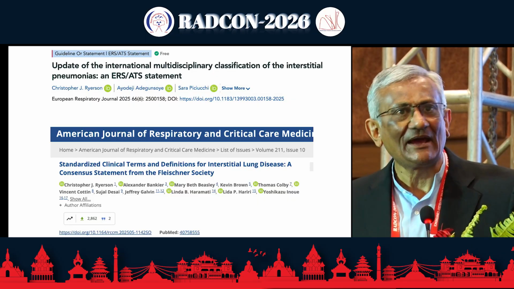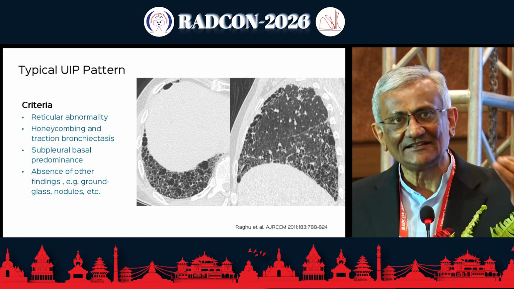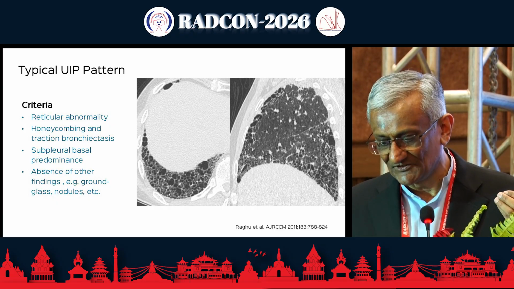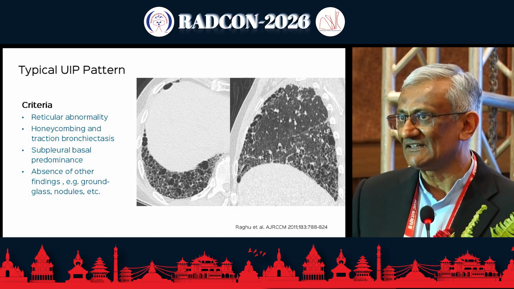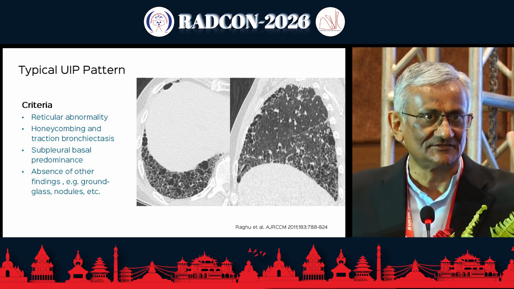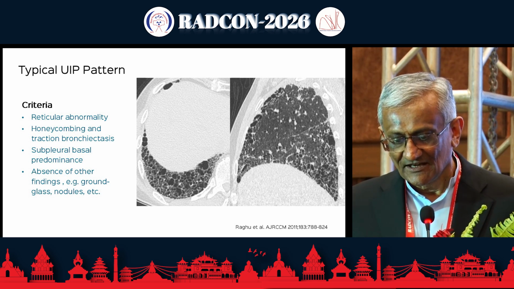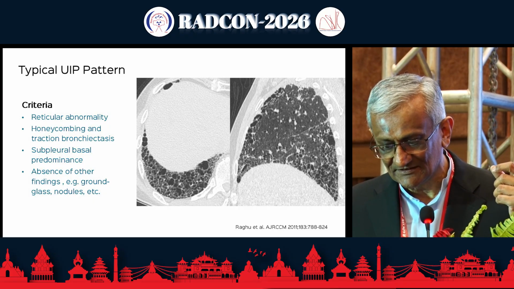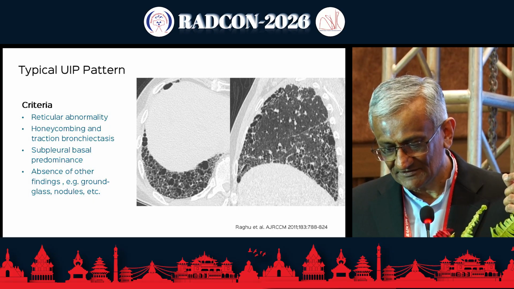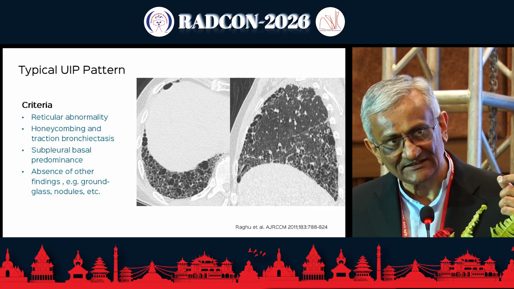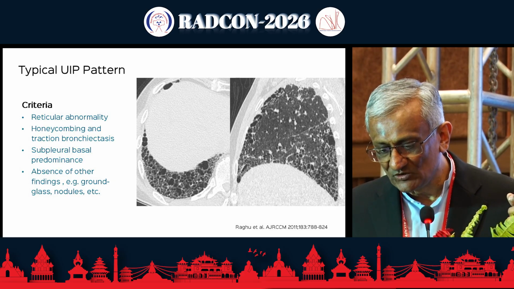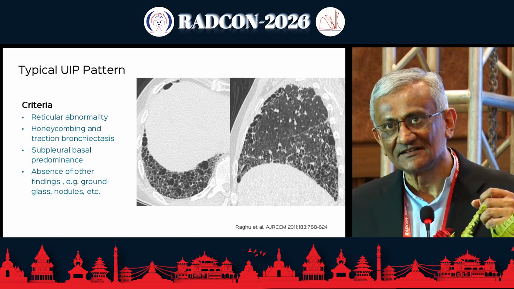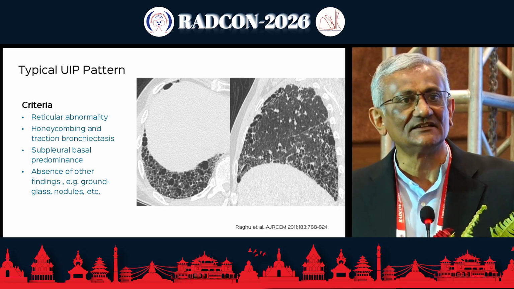The UIP pattern, the classic definition that was first brought about in 2011 and still remains 15 years later, is defined as the presence of reticular opacities, honeycombing, traction bronchiectasis, subpleural basal predominance, and more importantly, nothing else.